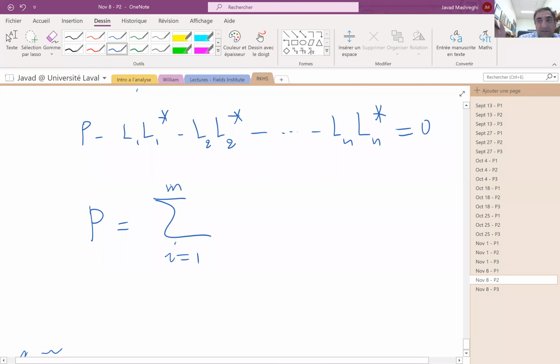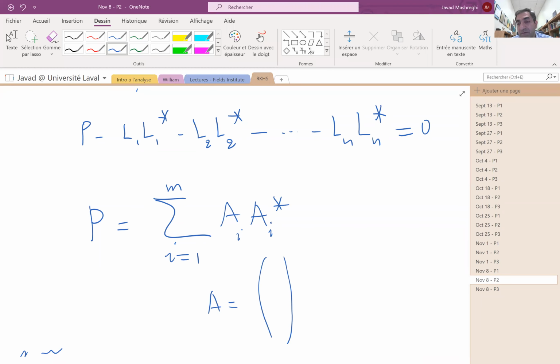Maybe somewhere in the middle we arrive at 0. And allow me to write a star, then A is a column, AI star. So we have a decomposition like this too. And this is another form of the Cholesky's algorithm.